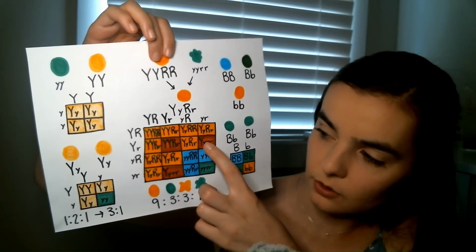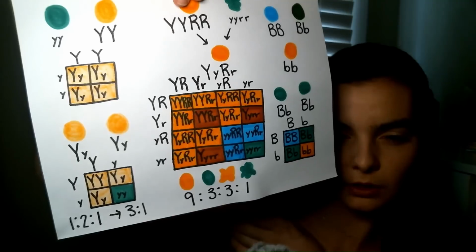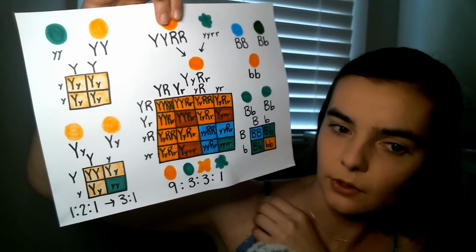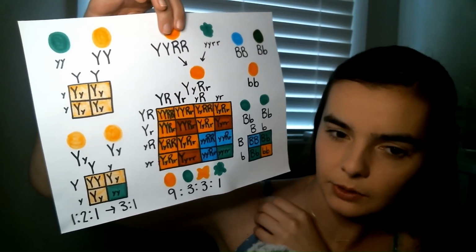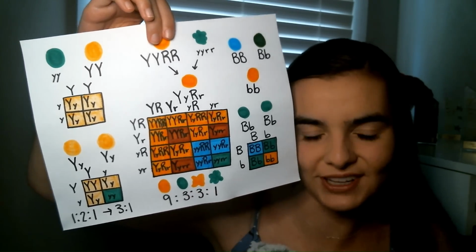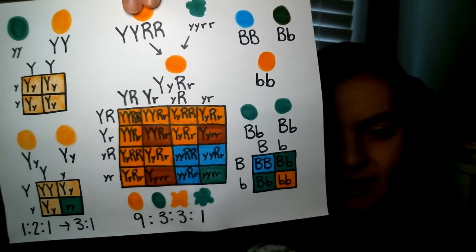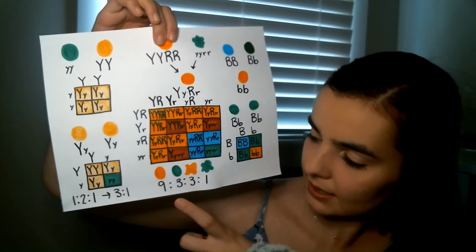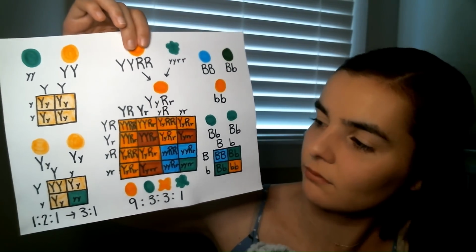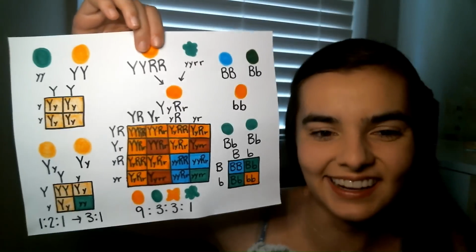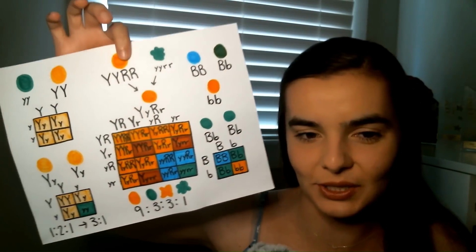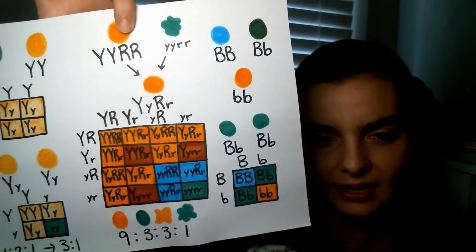But then the red ones, or orange, I don't know, are yellow and wrinkled. And then the blue are green and round. So you get a lot more combinations in a 9 to 3 to 3 to 1 ratio. I just want to get to the humans part, so I'm kind of rushing through this, but that's what you do.